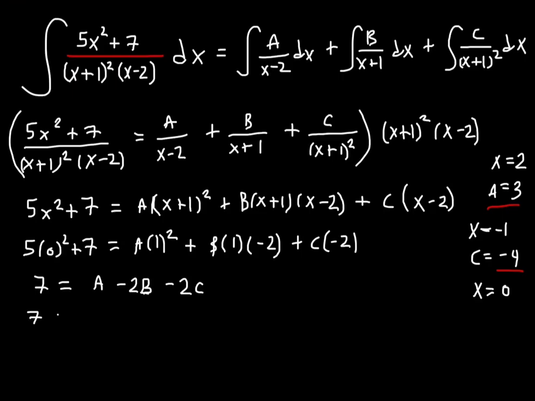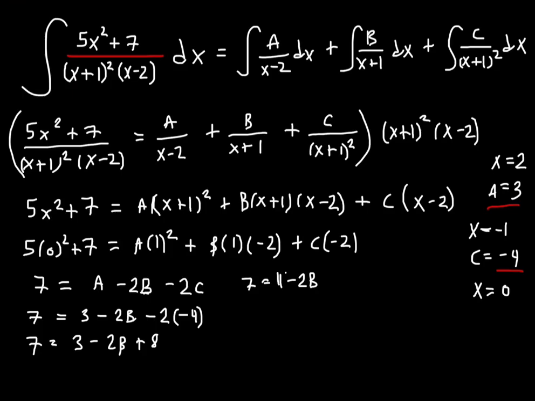So 7 equals a, which is 3, minus 2b minus 2 times c, which was negative 4, so this is 7 equals 3 minus 2b plus 8. So I have 7 equals 11 minus 2b.